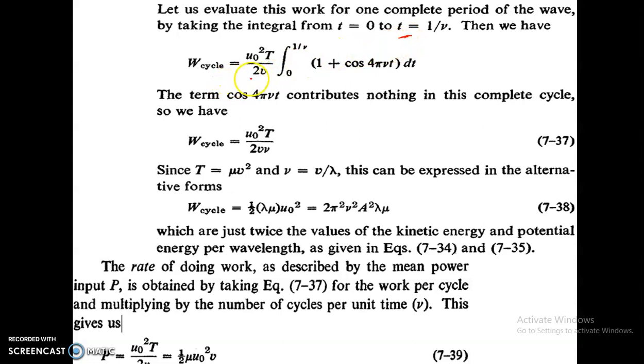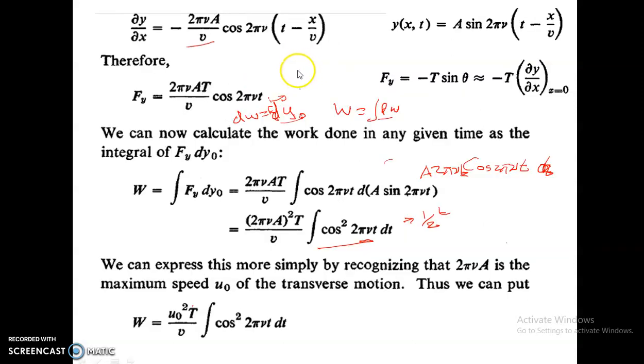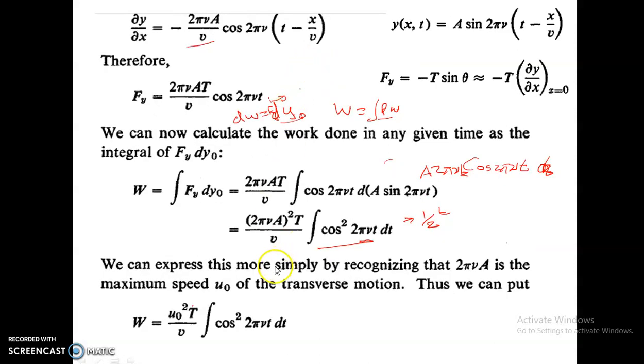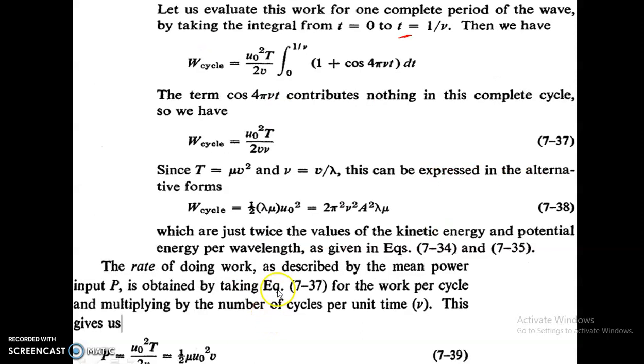When we have the work done over one complete cycle, it is u0 square T by 2v integral 0 to 1 by ν. I have a cos square term here. This I decompose as 1 plus cos 2θ by 2, and that 1 by 2 is written here, and 1 plus cos 4πνt is there in the bracket times dt.